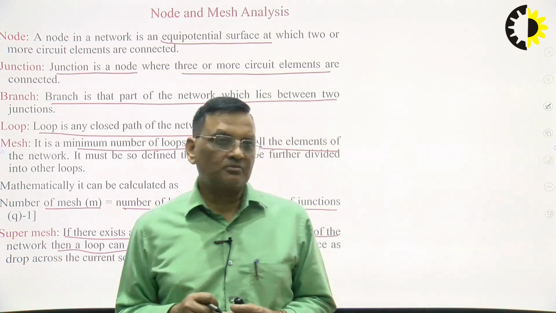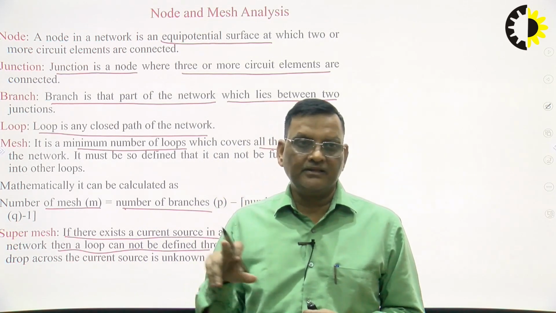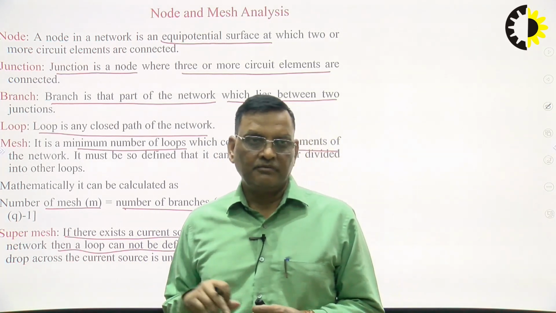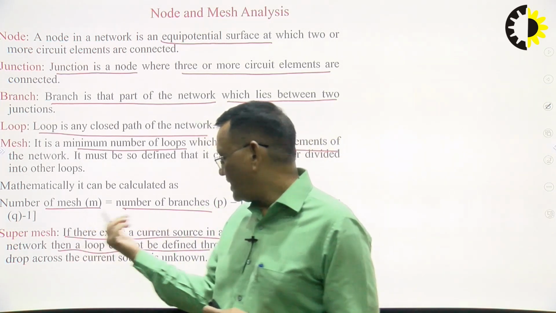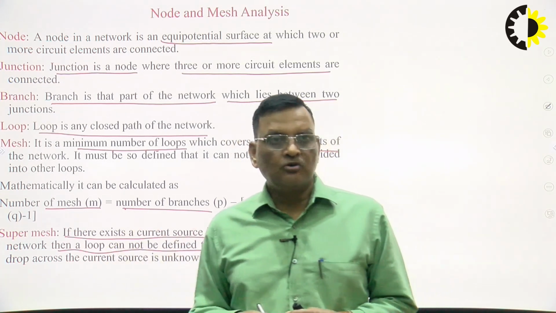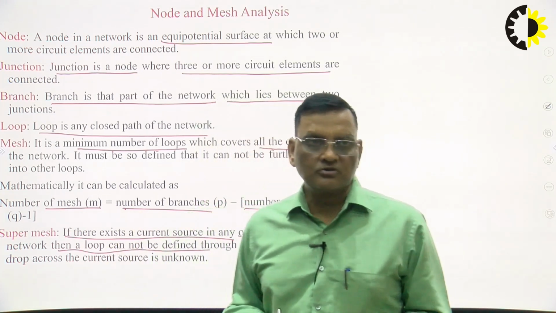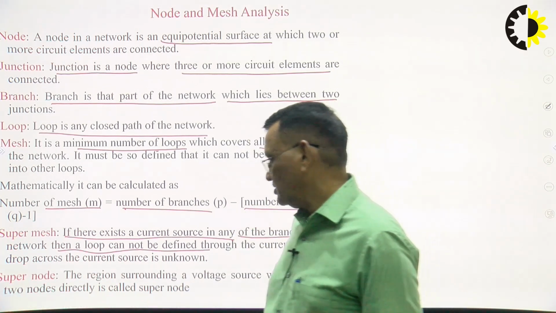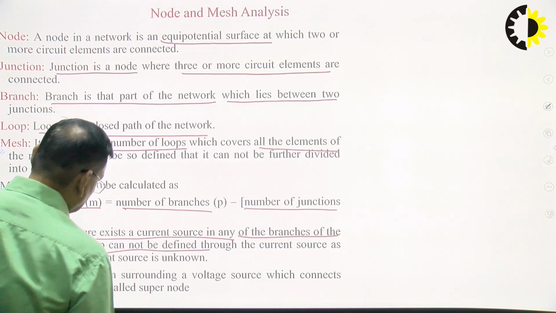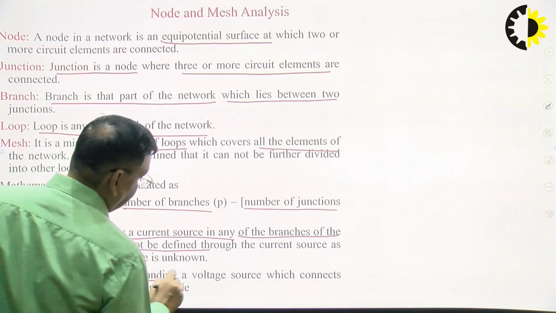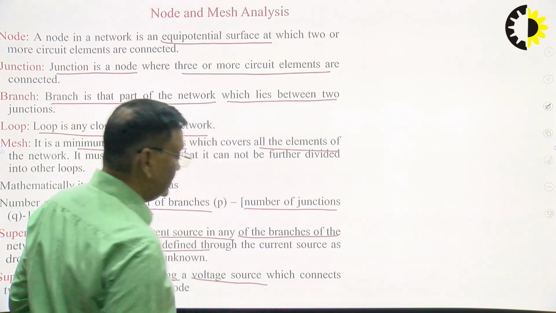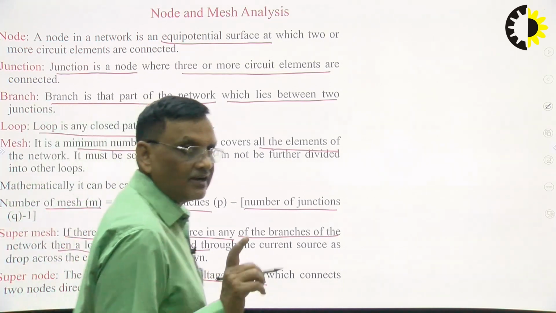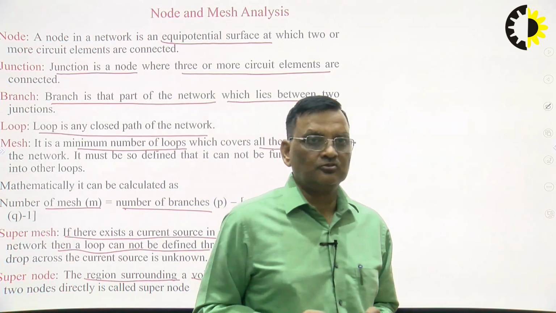So, in the case of a supermesh, we cannot apply Kirchhoff's voltage law (KVL), because we do not know the drop across the current source. Then another term, supernode. The supernode is the region surrounding a voltage source which connects two nodes directly.